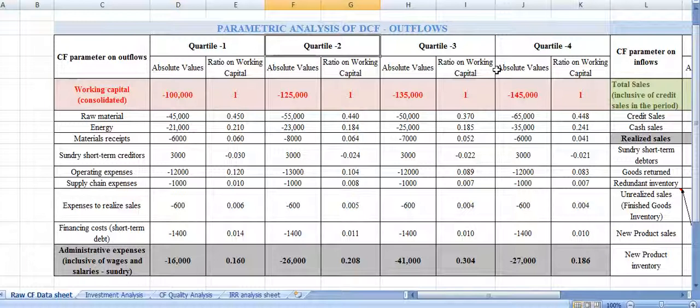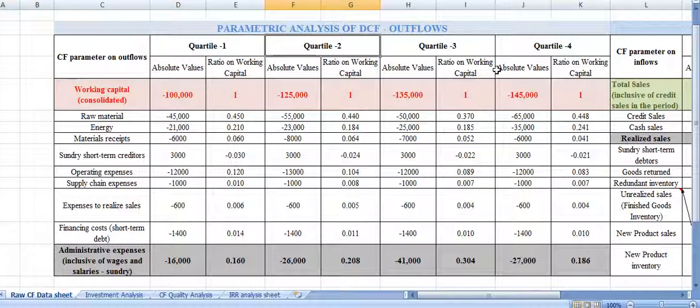In a nutshell, what I'm implying is the cash flows are never typically a straight line. They always vary, they always fluctuate in a given time frame and within a certain bandwidth.